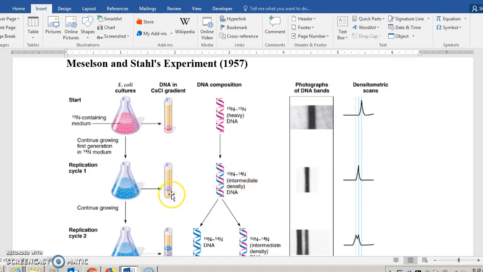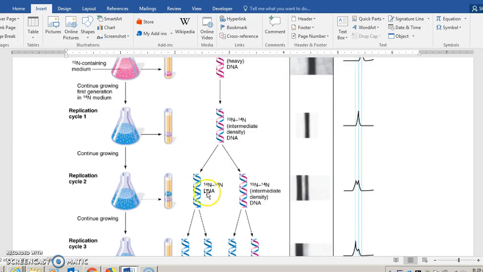And so when they spun it, it all spun in one pattern, in one layer, and it wasn't as low as the first one because it's not as heavy. And it showed up with a different scan and a different band. So that was interesting. That pointed to the parental DNA strands being incorporated into the daughter molecule.